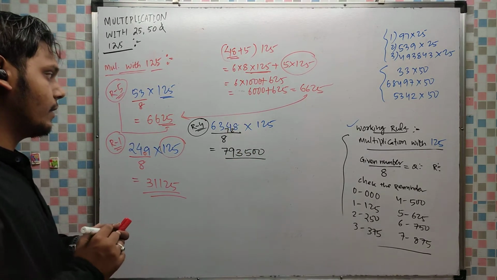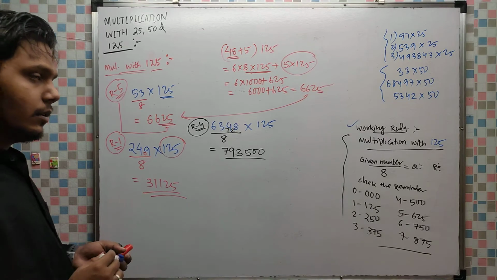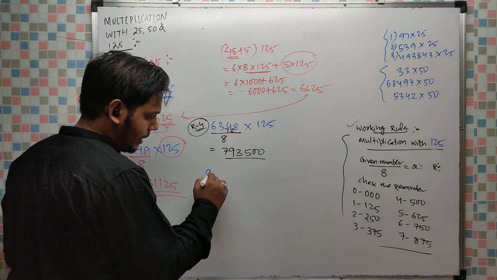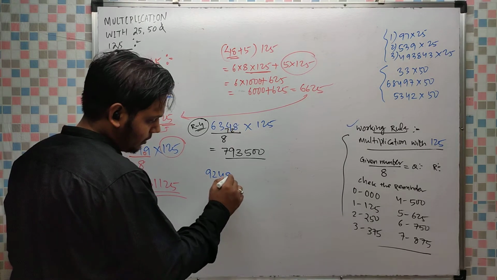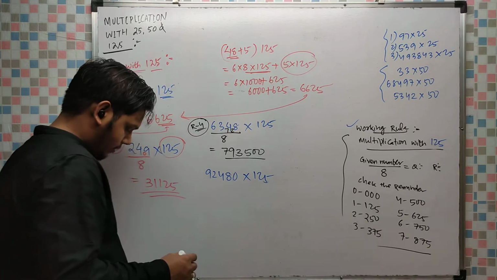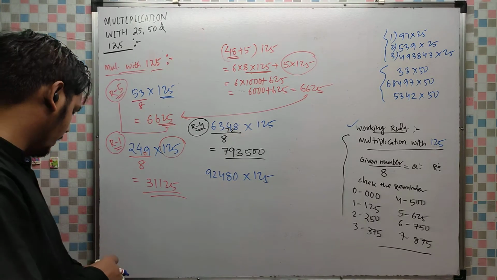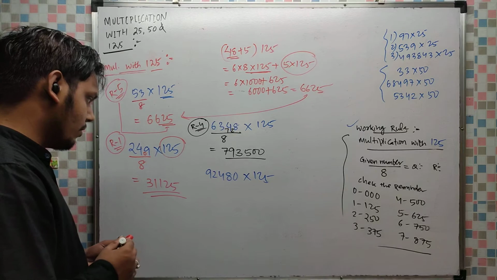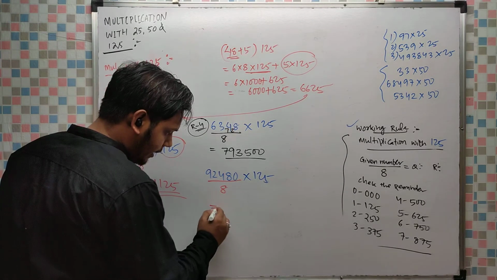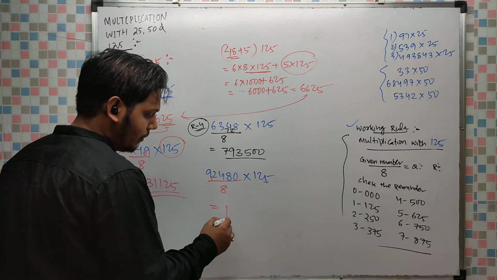This is your answer. And take any 5 digit number multiplied with 125, suppose 92480 into 125. What you have to do is again divide the number by 8. 8 1 8, 8 ... 12.